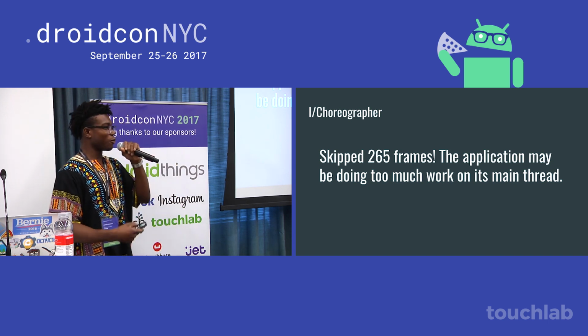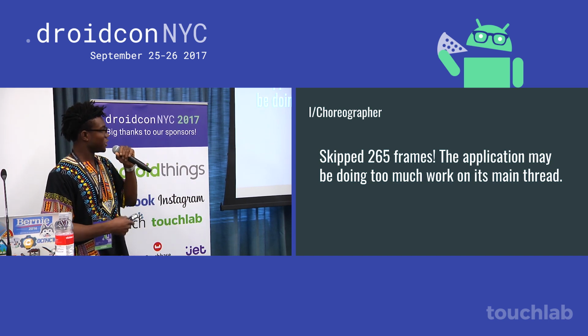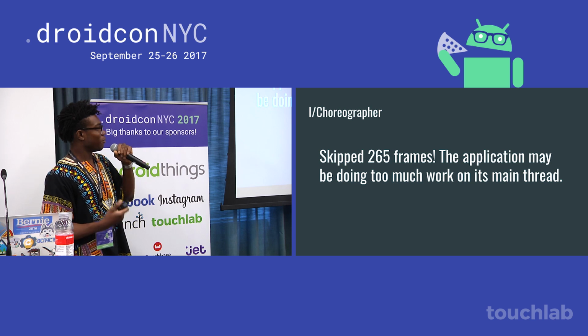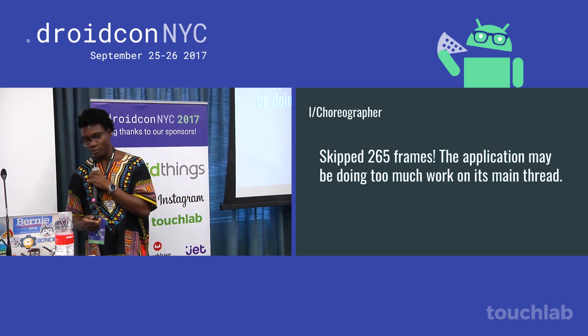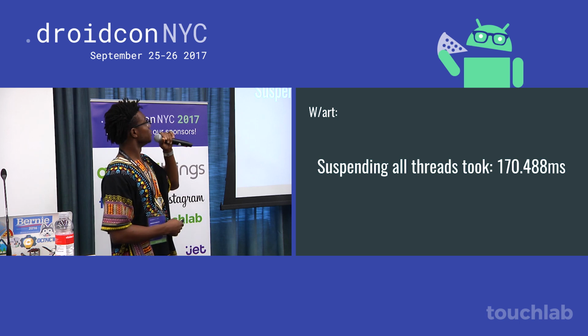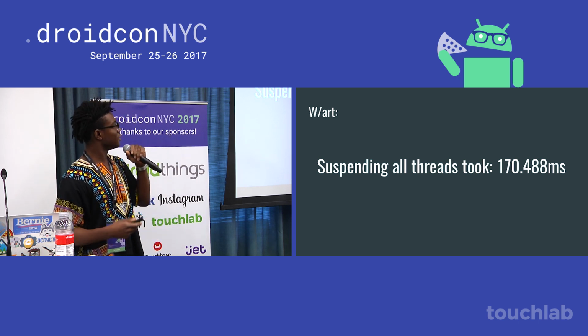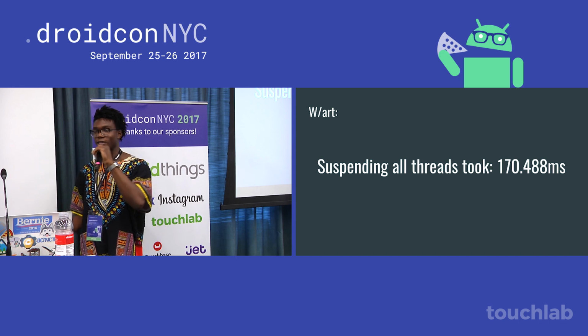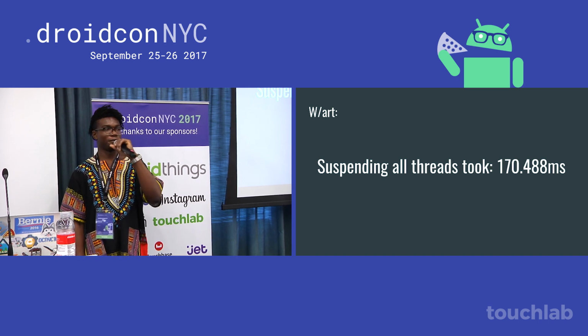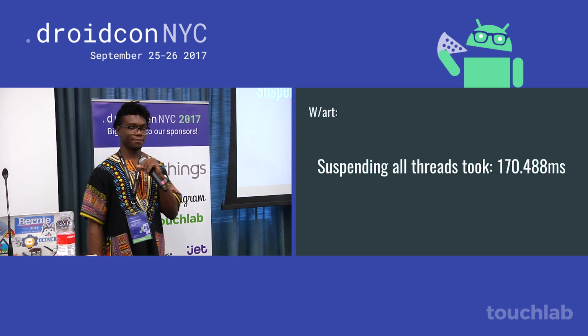This was just a roundabout way of saying that my app was frozen because screens weren't being rendered, but I already knew my app was freezing, so this wasn't terribly helpful. The next line was from ART, and it read, suspending all threads took 170.488 milliseconds. Thanks again for telling me that my app is frozen.